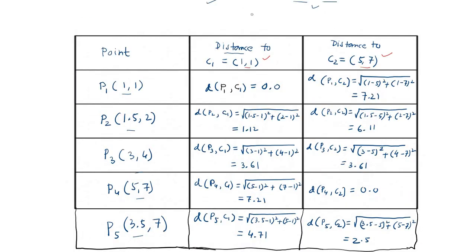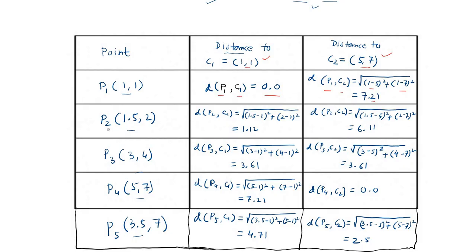Now if we compute the Euclidean distance from P1 to centroid C1, obviously it will be 0. P1 to centroid C2 is 1 minus 5, 1 minus 7, so that is 7.21.